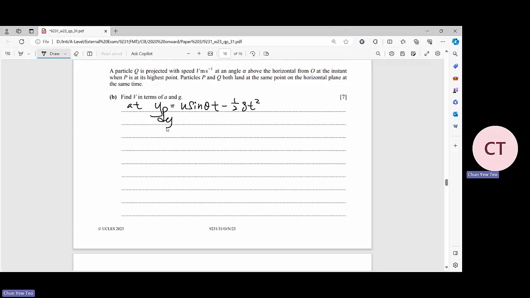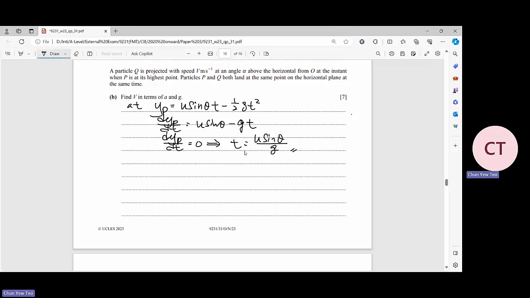So I take dYP/dt, I get u sin theta minus gt equal to 0. Then I get t is equal to u sin theta over g. We already know u squared is equal to 8ag, but I think try not to involve this first, because if I involve the square root of 8ag, it will look very complicated.